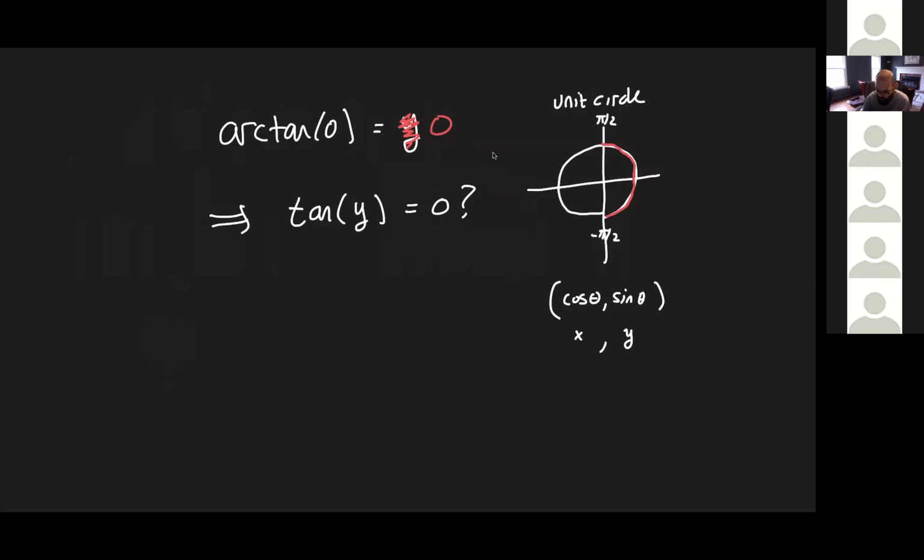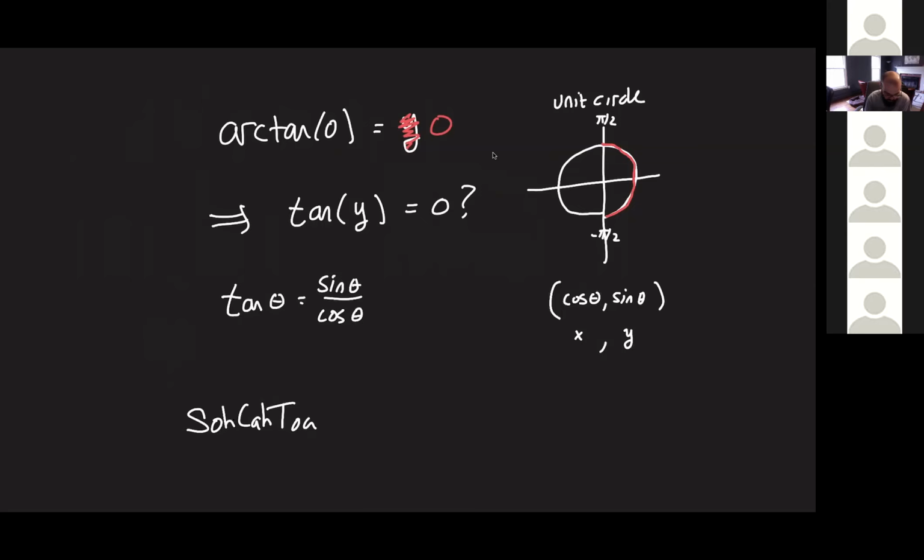To find tangent, if we recall SOHCAHTOA, tangent is opposite over adjacent, or you can define tangent of theta to be sine over cosine.